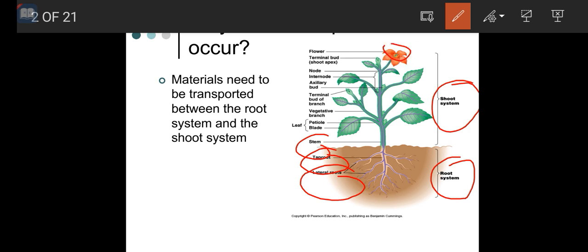Here is the flower, terminal buds are there. This is the node, that is the internode. This is the axillary bud and the terminal bud of the branch. Vegetative branches are here. The petiole and blade are here. That is the total system of the plant.